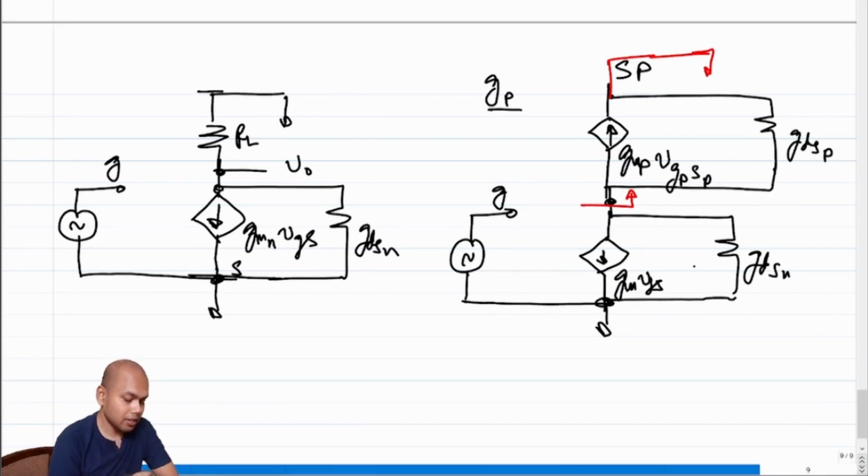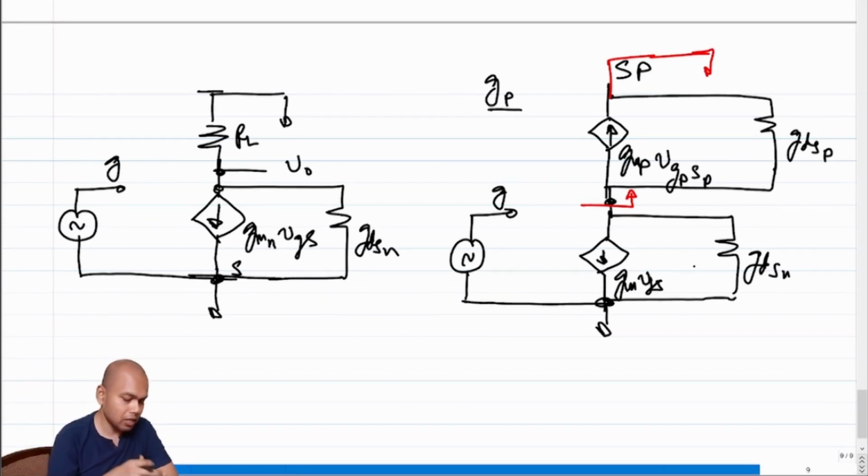In principle the resistance looking up into the drain of a transistor can be infinity. But we know that in the presence of channel length modulation it cannot be infinity, but it will be much higher than what we would have gotten if we used an RL. And in this case it is possible to probably get a common source amplifier whose gain is not limited by the quiescent drop across the load resistance, right?